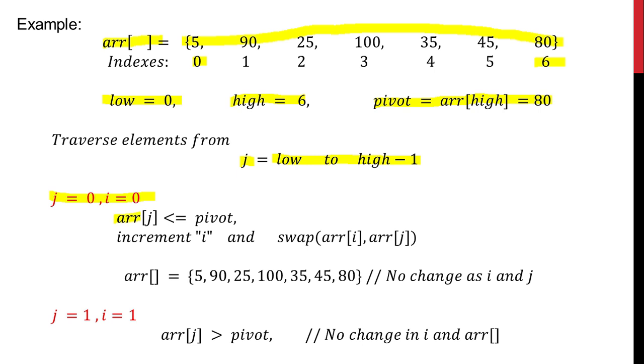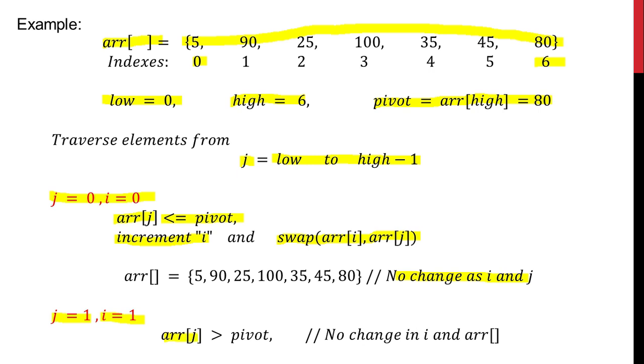The jth element is less than or equal to the pivot, yes. Then increment i and swap the ith element with the jth element. Both are pointing to the same element, so no change. Then j is equal to 1, i is equal to 1.